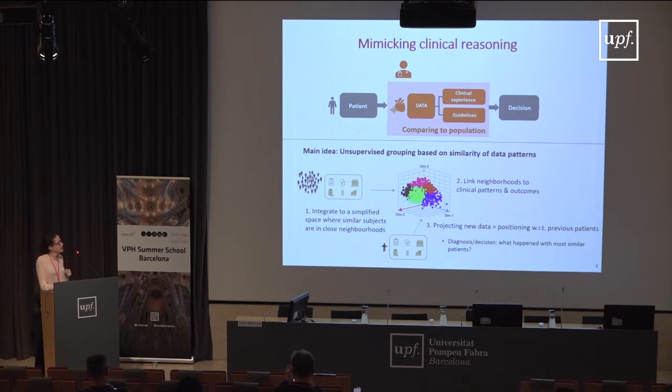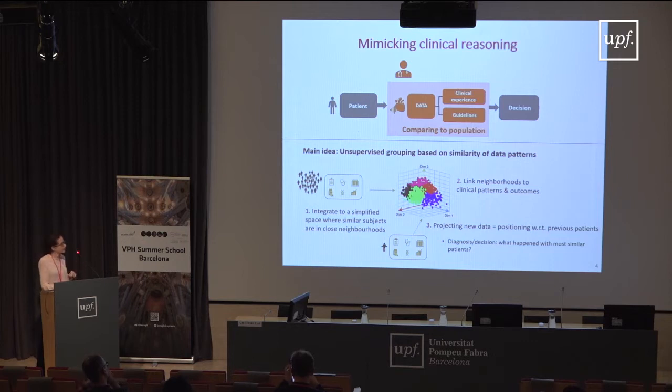And besides, when a new patient arrives, based on the similarity of this patient with the known population, I can project it into this learned space, and then the diagnosis or clinical decision is supported by what happened with the most similar patients.